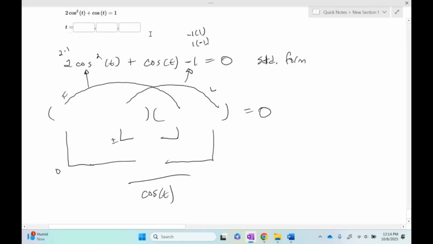All right. So for the first set, I'm going to put 2 cosine t. And for the first number in the second set, I'm going to put cosine t, because 2 cosine t times cosine t is 2 cosine squared t.